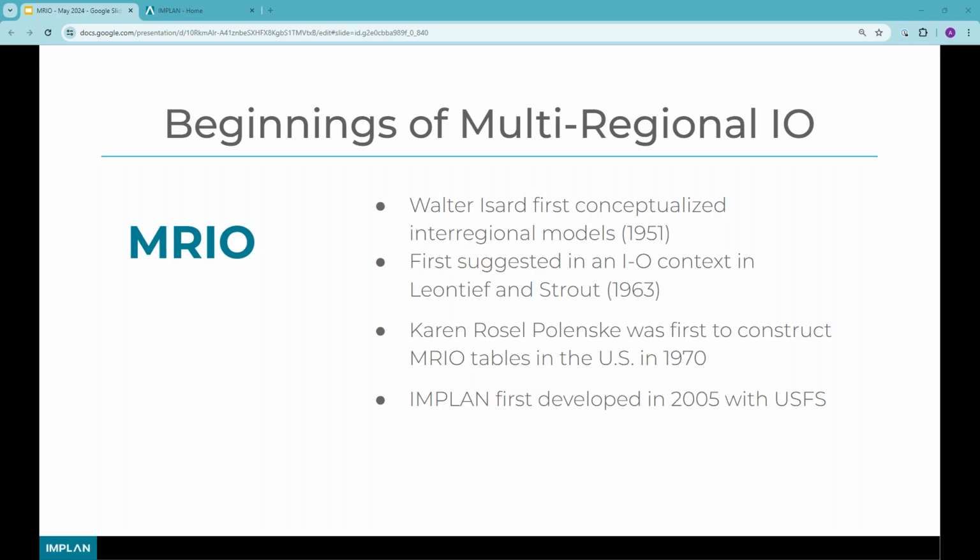We would later find out that the Japanese had already done this in 1960 and 1965, but Karen was still the first one to do it in the US. Ever since, though, gravity models have been widely and effectively used to predict trade flows. IMPLAN first developed our version in 2005 in conjunction with the US Forest Service.